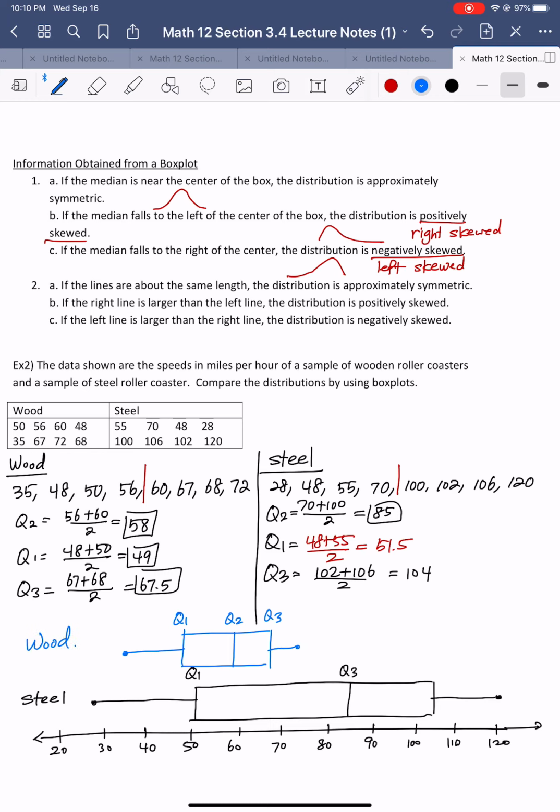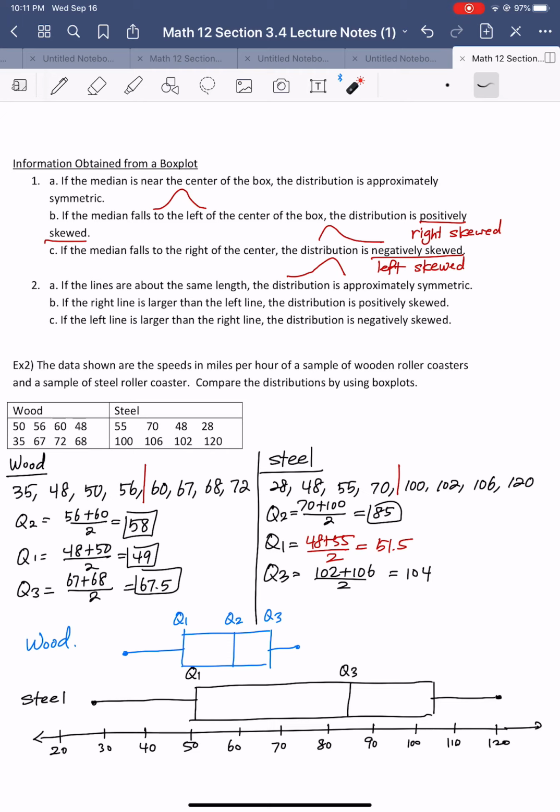So when you compare the two box plots, they show that the median speed of the steel roller coaster is much higher than the median speed of the wooden coaster, right? So about here and about here. And then the interquartile range of the steel roller coaster is much larger.